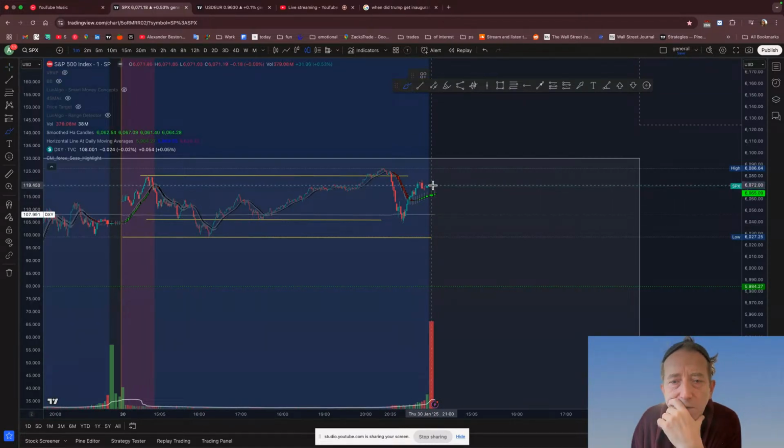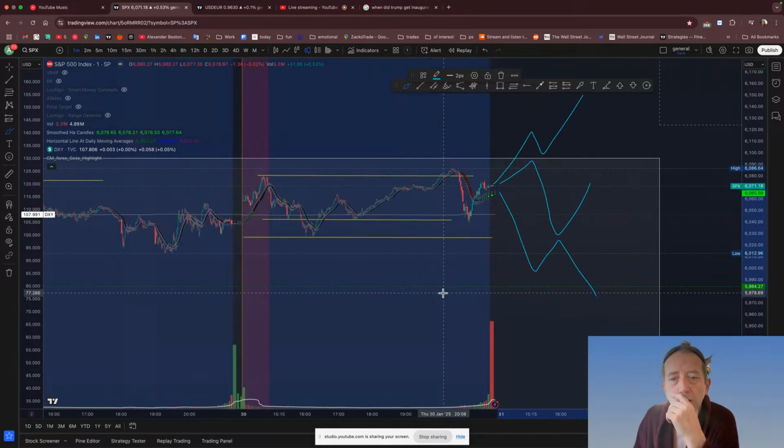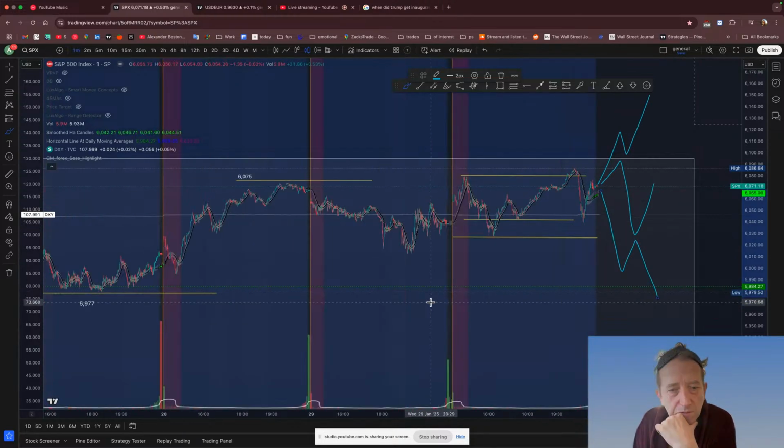So we could have it break out and go up, or it could go down, back up to this level. It could break out and go down. Which of these scenarios is most likely?